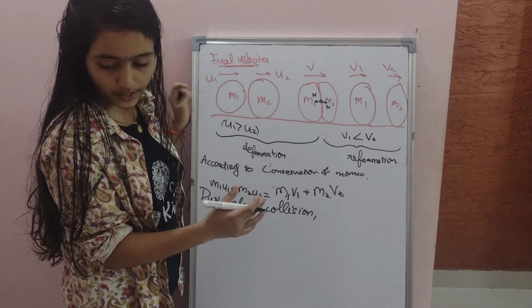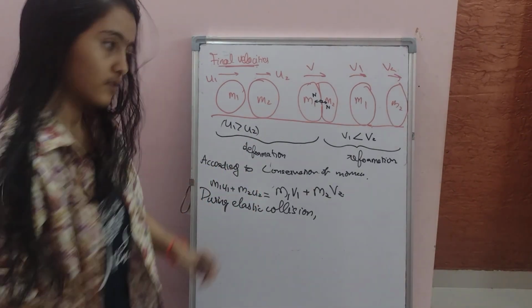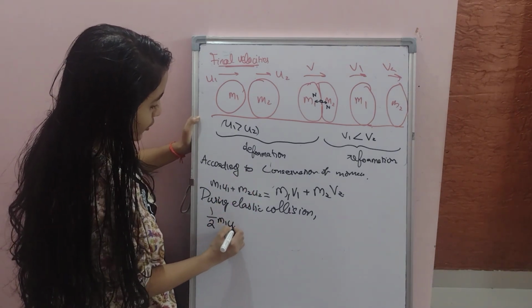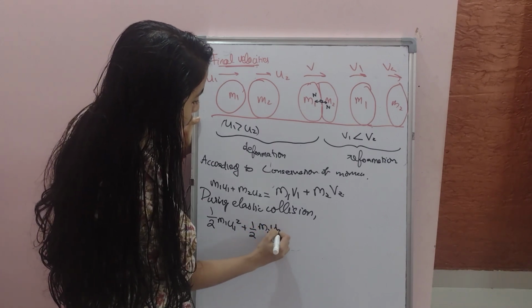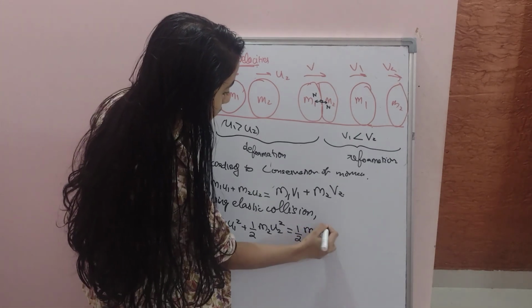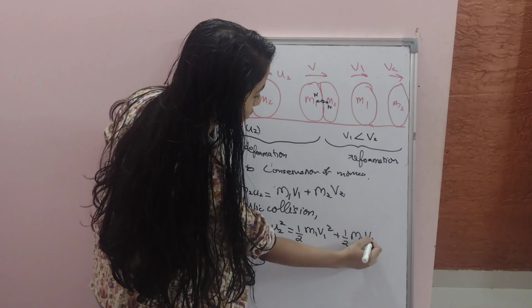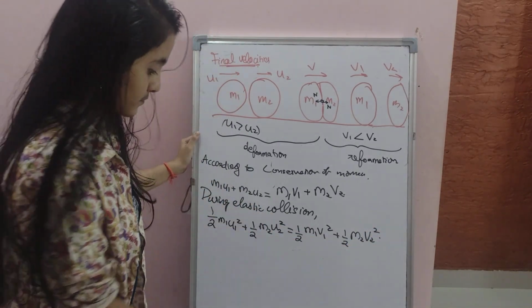So here we can apply the conservation of kinetic energy and say half m1 u1 square plus half m2 u2 square is equal to half m1 v1 square plus half m2 v2 square. See here.